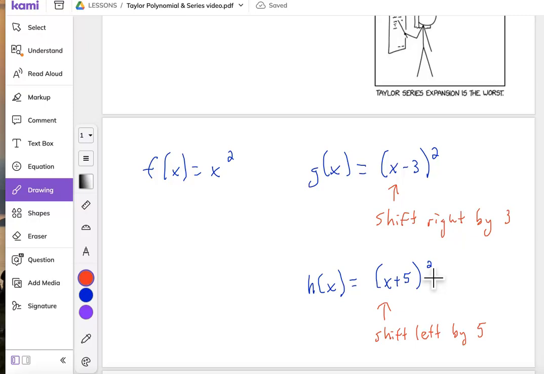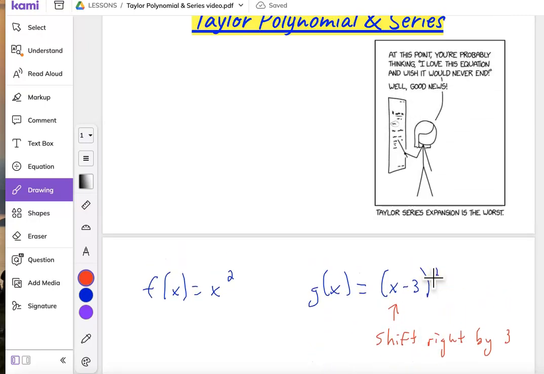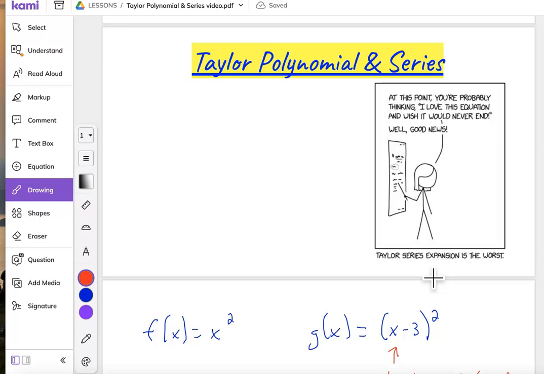And so we have here an easy way to translate horizontally any particular function, and specifically polynomial functions. I claim that's what we're going to do to develop the Taylor polynomial and the Taylor series. What we can do is anchor the Taylor polynomial and series to any x value on the original function, not just at x equals 0, which is your Maclaurin polynomial and series.